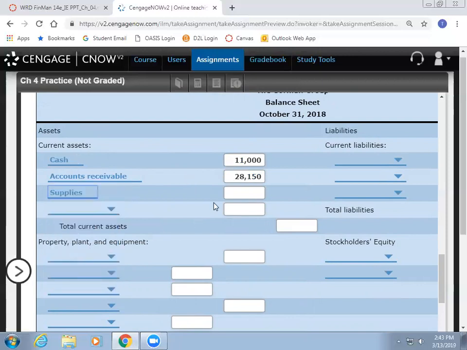Then we have supplies. Supplies are $6,350. And our last current asset is prepaid insurance of $9,500. I add up those four accounts to get my current assets of $55,000.